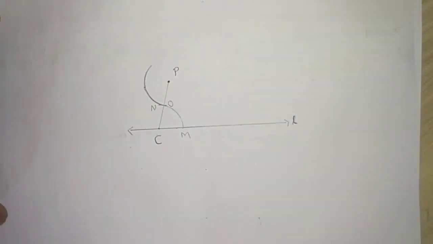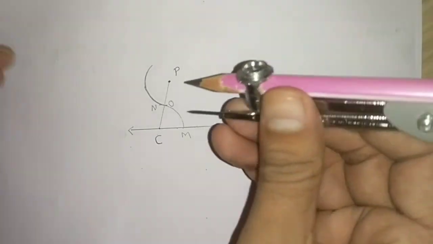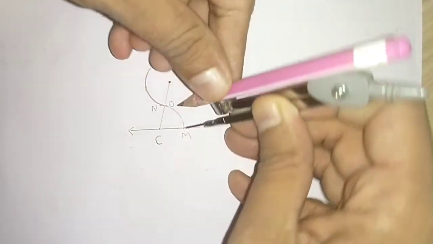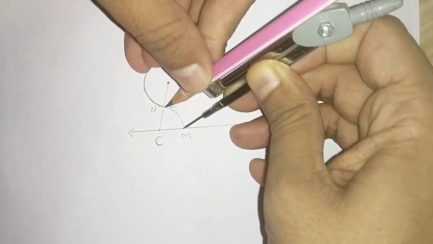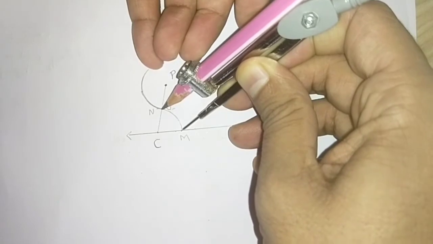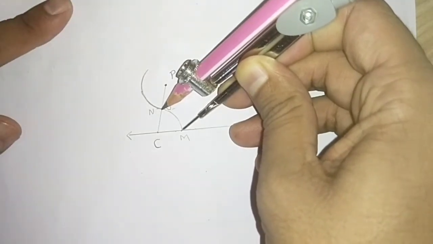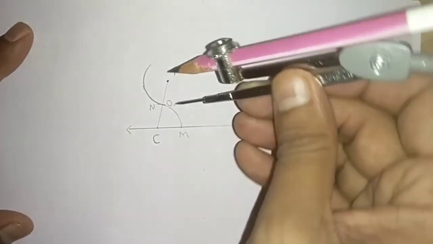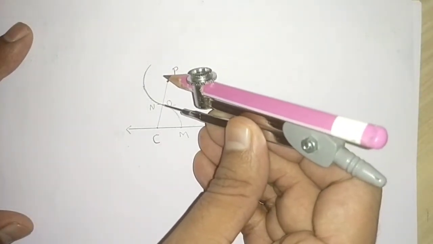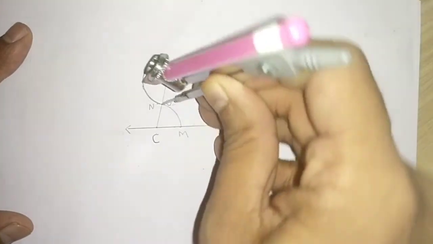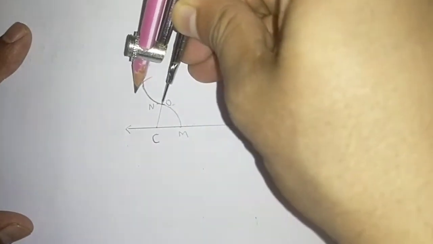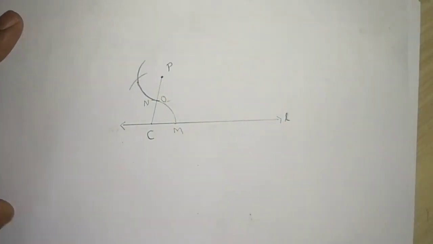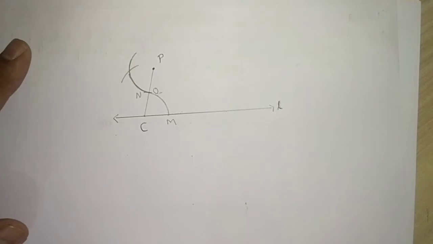Now, as in question number 1, putting the needle on M and opening the compass till N, we take the radius MN. Putting the needle on O, we cut the previous arc at some point.